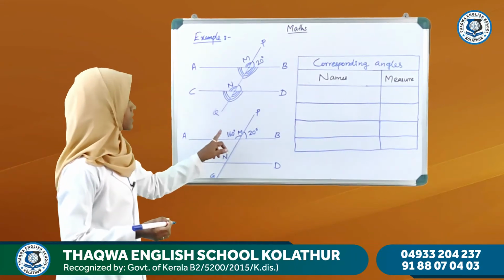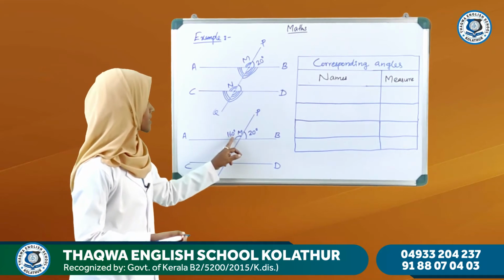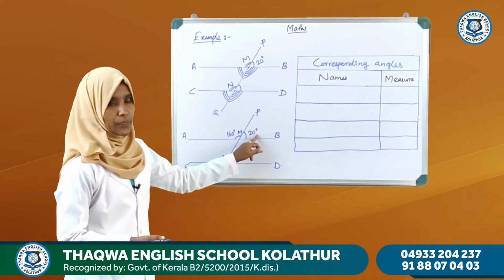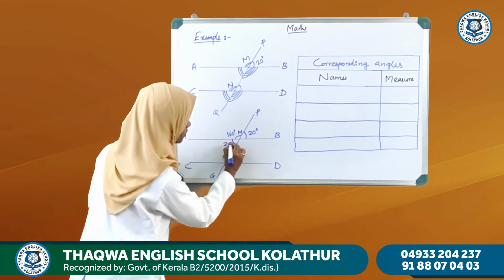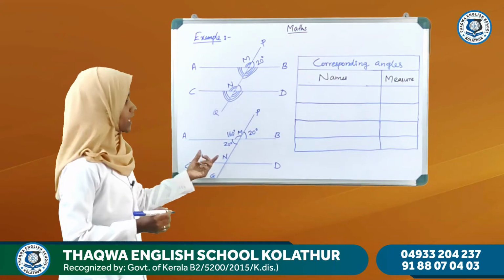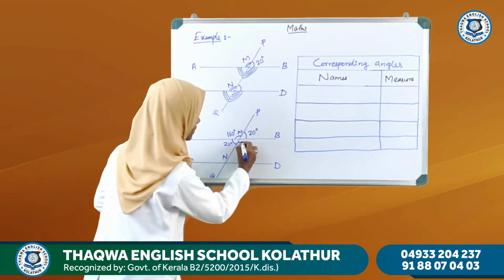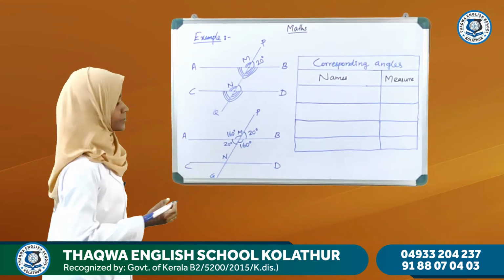Why? These two angles form a linear pair, that is 160 plus 20 is 180. The next here 20 degree. We know that the opposite angles are equal. Then here also 160.